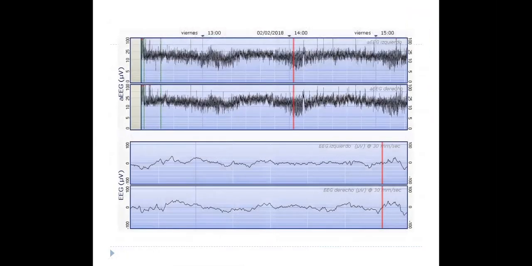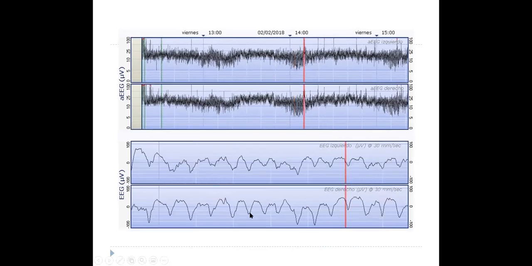When we started the monitoring, it was a term baby of near 40 weeks. This is a cradle sleep, active sleep, but we start to identify these mountains.